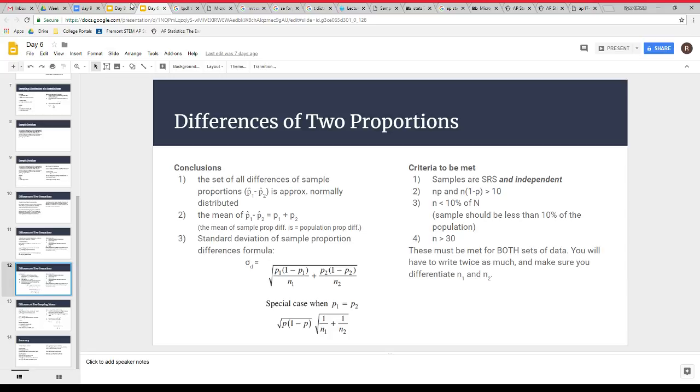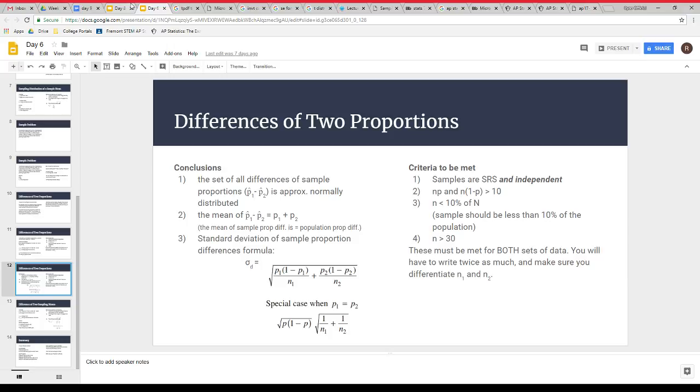So first question we should ask is, do we have the population standard deviation? Because if we know what the population standard deviation is, then we can just use a normal distribution, because using this we can find what that is using our formula. You good with that? So let's say yes to this.